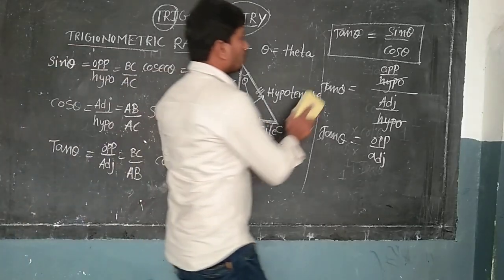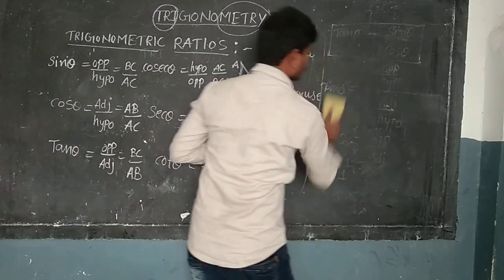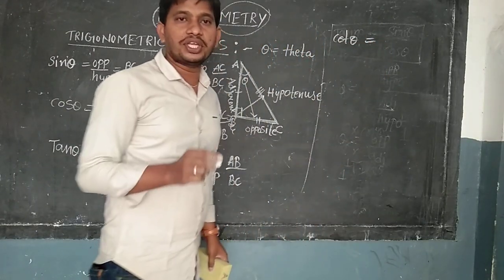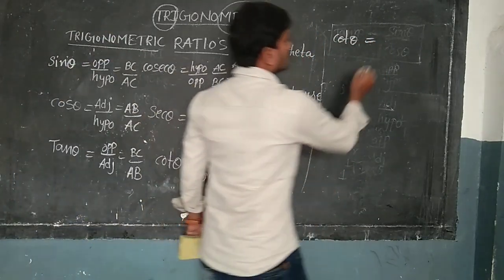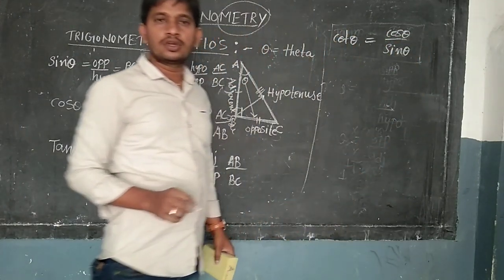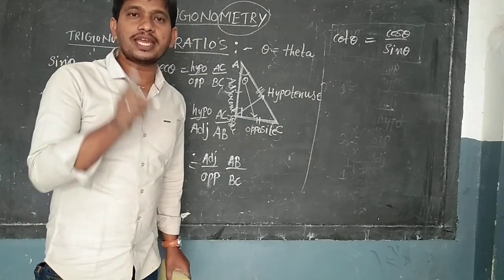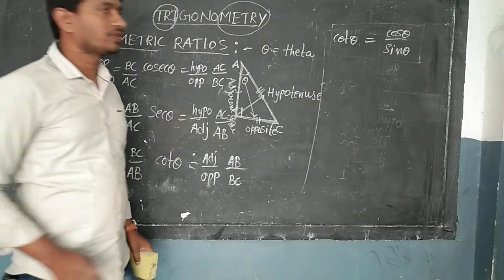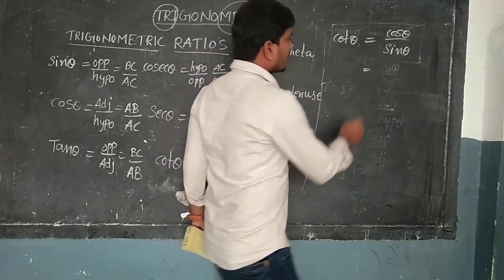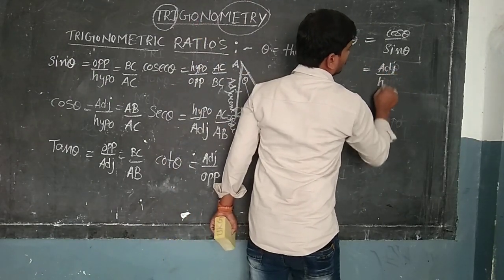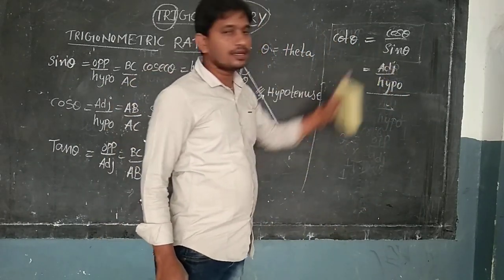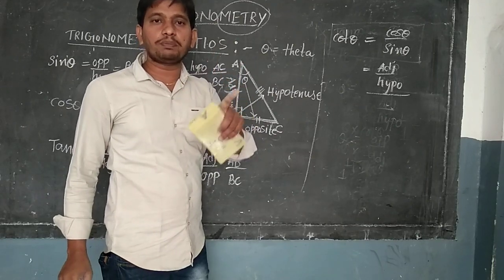Similarly, we have cot theta. Cot theta we can also write as cos theta by sin theta. If you want, let me check it. What do you mean by cos? Cos is nothing but adjacent by hypotenuse. What do you mean by sin? Sin theta is nothing but opposite by hypotenuse.